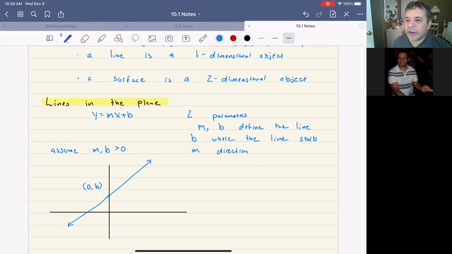Now one of the ways that we can rewrite this, we're going to rewrite this in parametric form. Remember we talked about parametric equations in the last set of videos in 9.1.